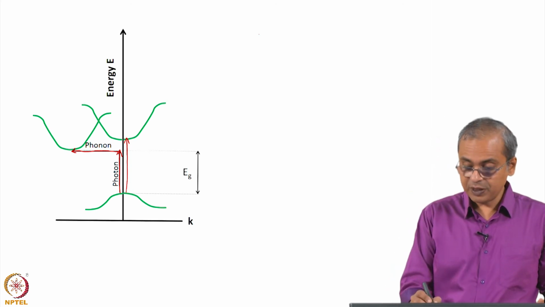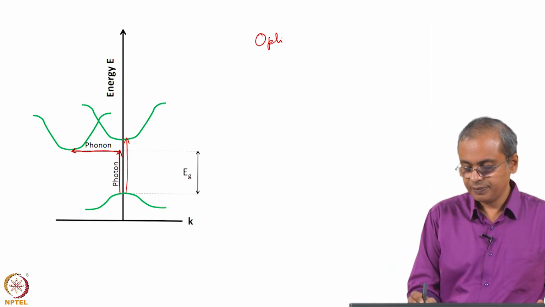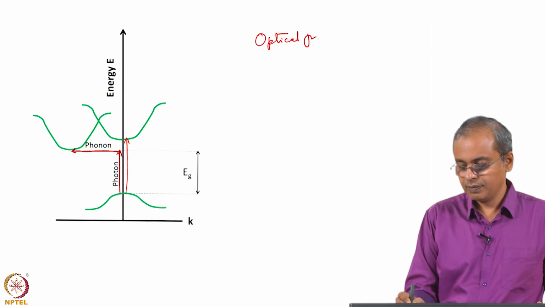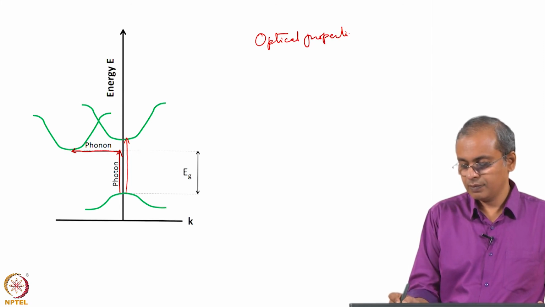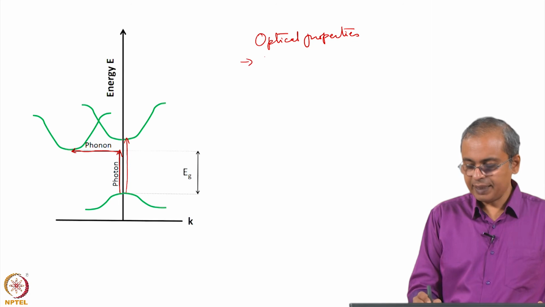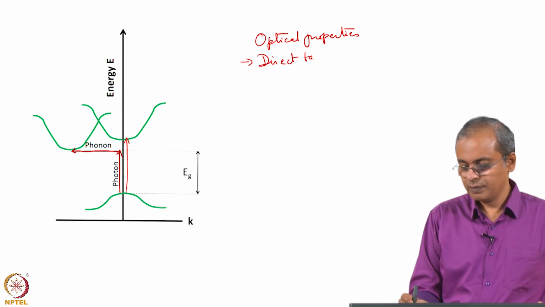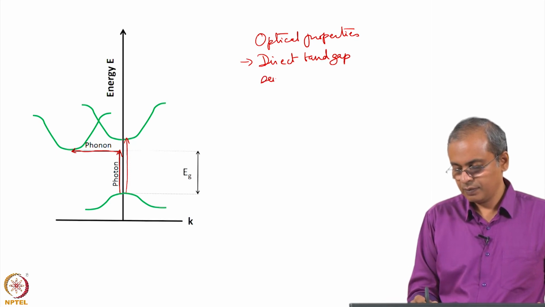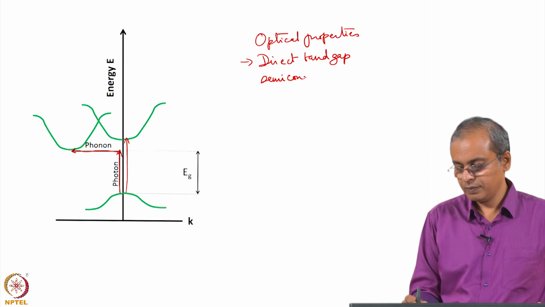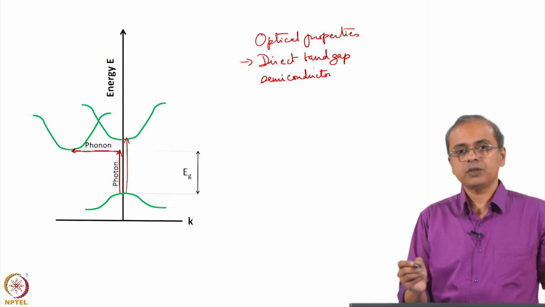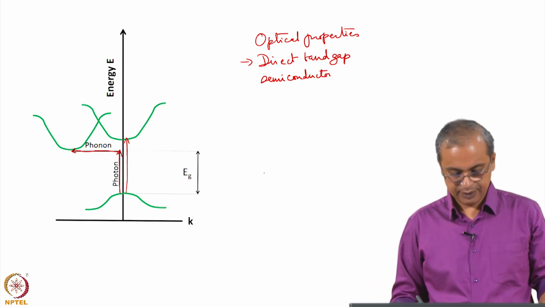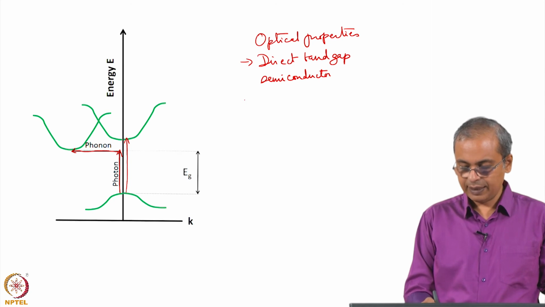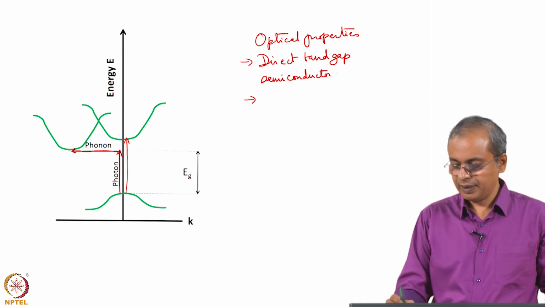And so, from the perspective of optical properties, the direct band gap semiconductor is much more effective and efficient in absorbing the incoming radiation.